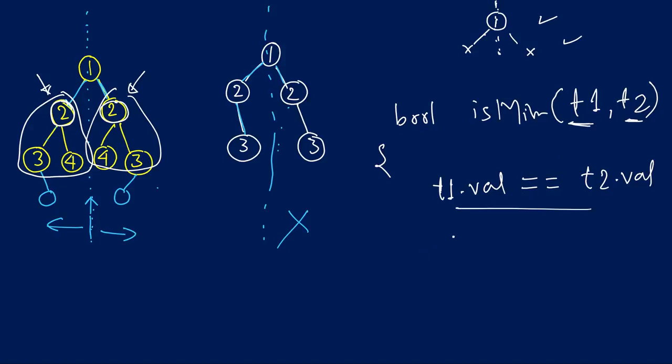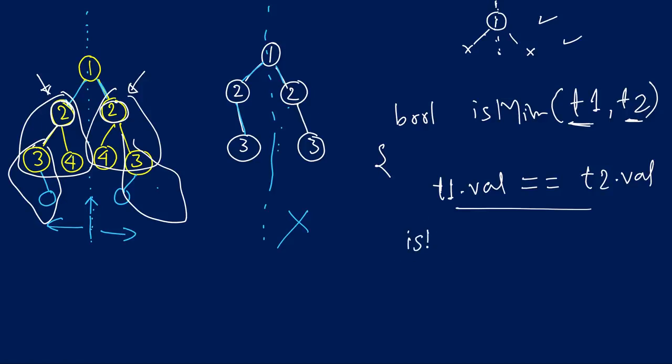Once this is satisfied, we will go ahead and compare that whatever is in the left subtree of this node, there may be more tree hanging out there, is the mirror of whatever is in the right subtree of this.